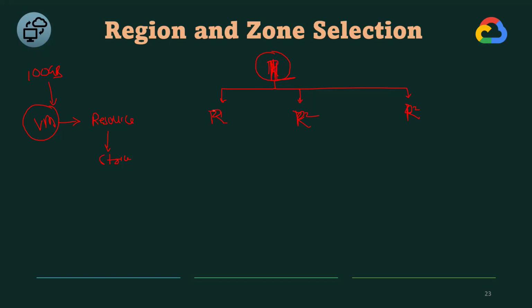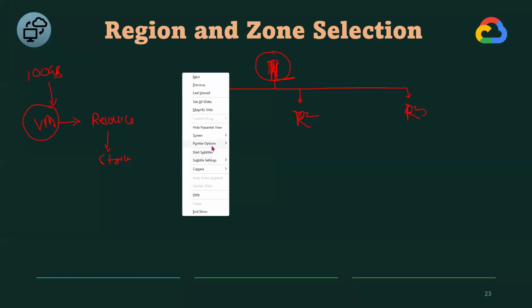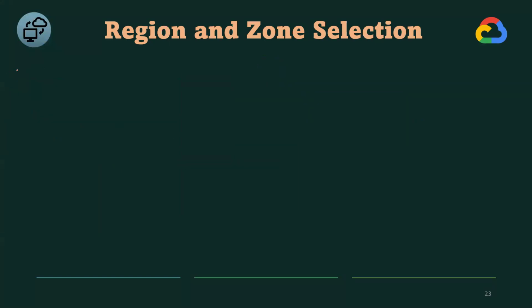You have region 1, region 2, region 3. Now tell me, what is the first criterion that we need to remember? If you want to create a resource in Google Cloud Platform, what is the first thing that we need to do? Can you tell me?